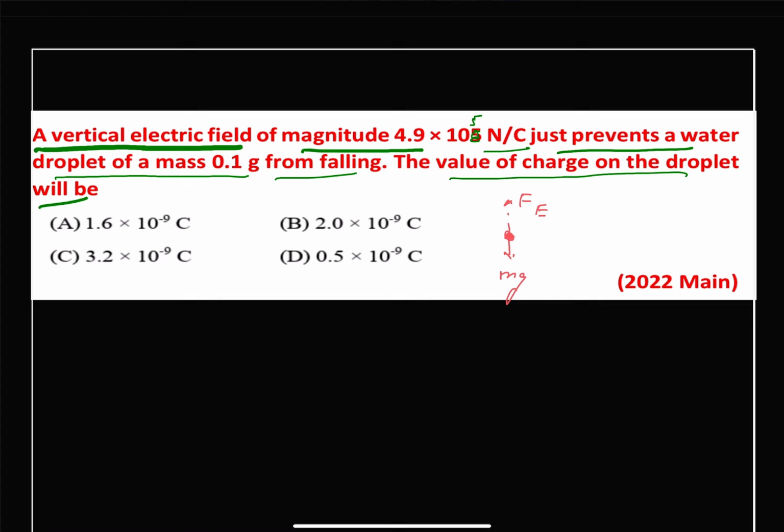So we can write that the electric field prevents the droplet from falling.